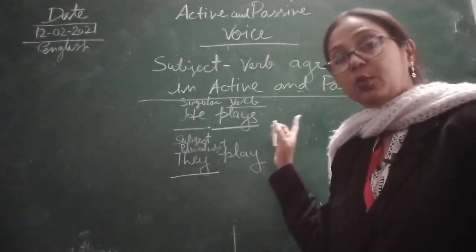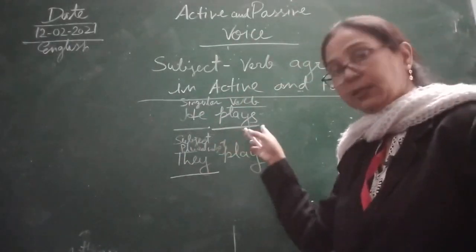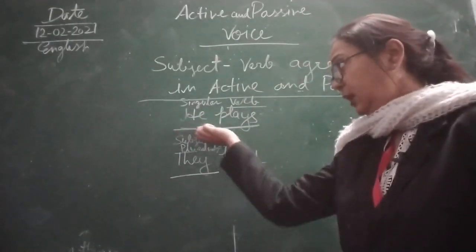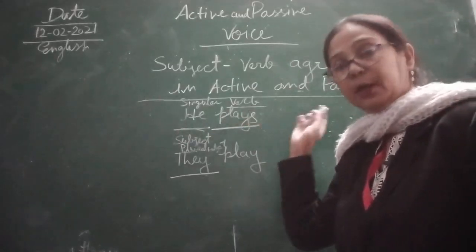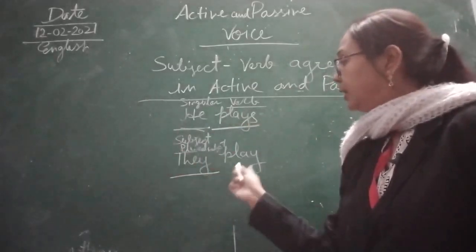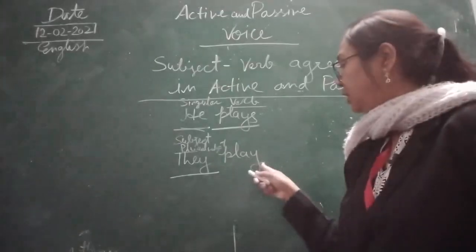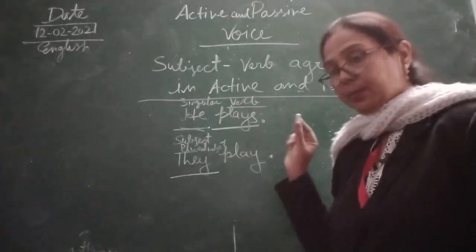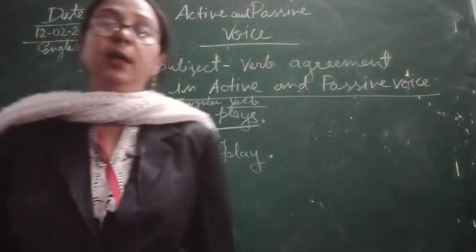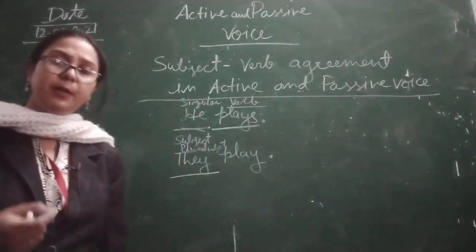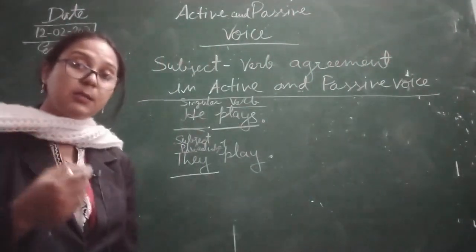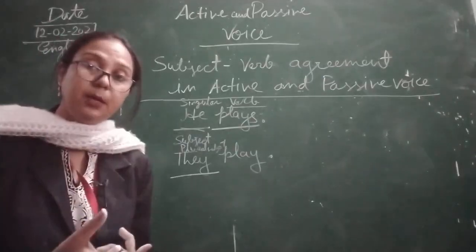So according to the rule of the verb, we have "he plays." According to the subject, we have changed the verb. This is a very short, small example for you to understand what verb agreement is.